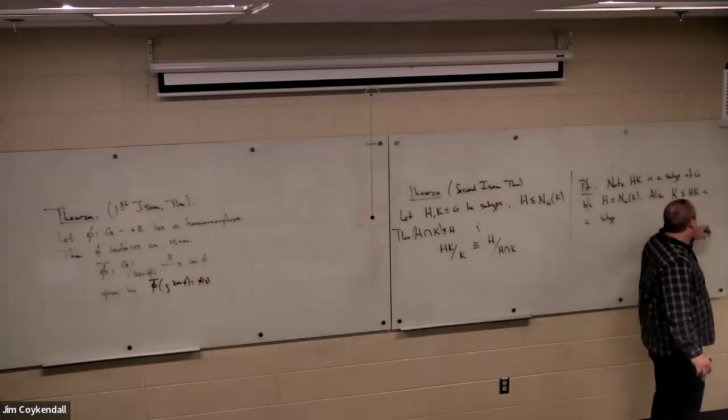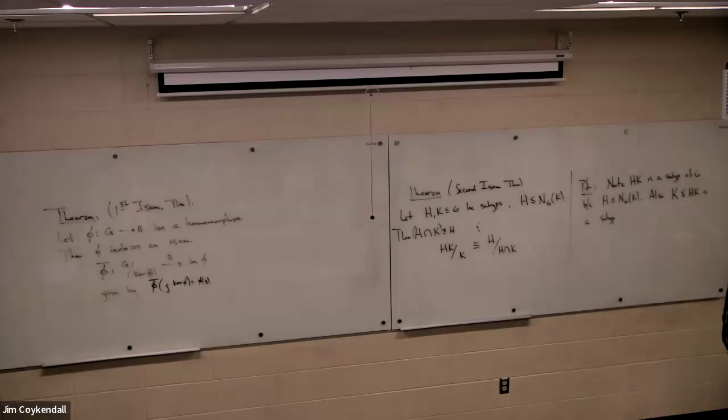So this is certainly a subset, and we know it's a group, so it's a subgroup. We also need it to be normal. Why is it normal? Yeah.